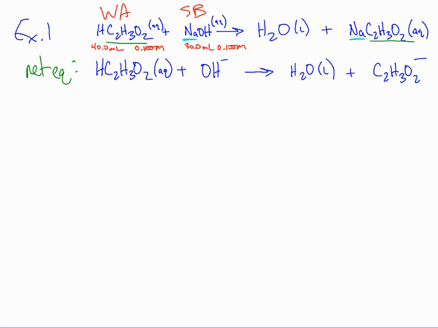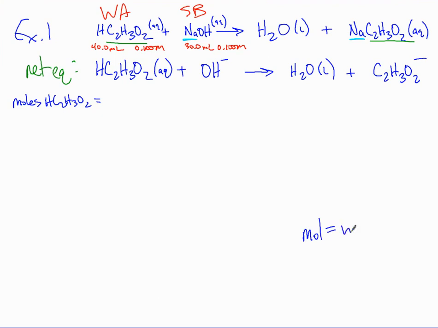Before you jump right into an ICE table, you're going to want to put these in moles. So moles of our acetic acid. Remember, this is something I'm talking to Chem 1 about right now.